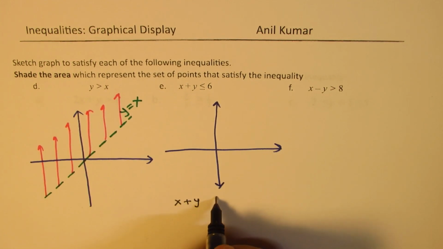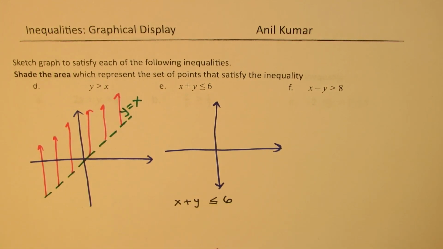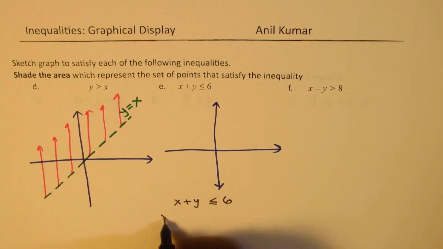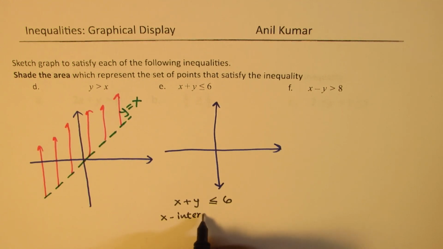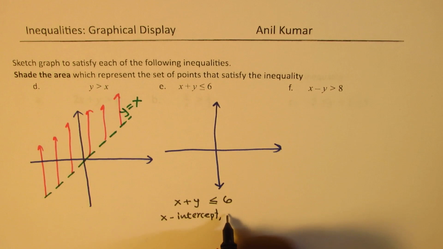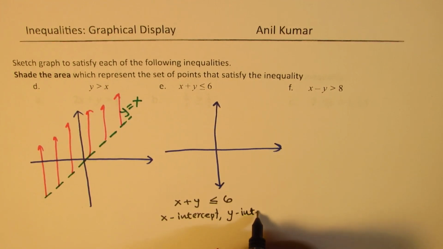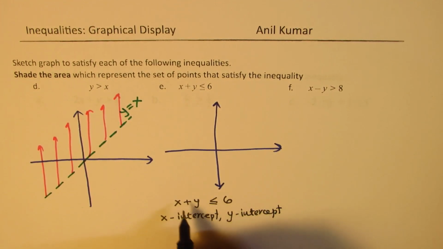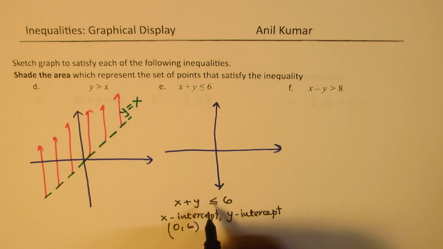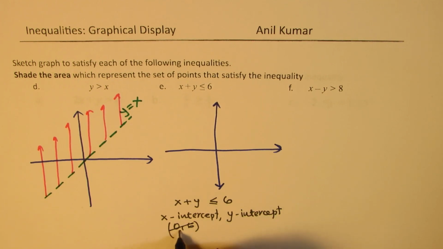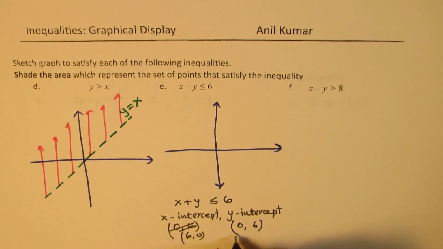We have x plus y is less than or equal to 6. So it is a good practice to use x and y intercepts to sketch the line. The x-intercept will be 6 and 0, and the y-intercept will be 0 and 6, correct?